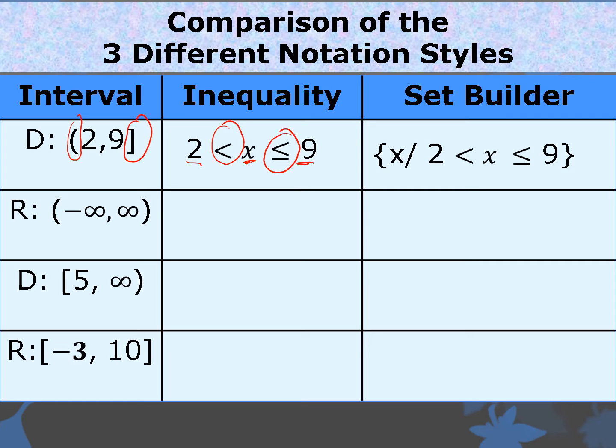Let's look at one more. The range is negative infinity to infinity with parentheses because we all know Buzz Lightyear lied and we can never go to infinity and beyond. So we use parentheses. Since it's range, there's going to be a Y in the middle.